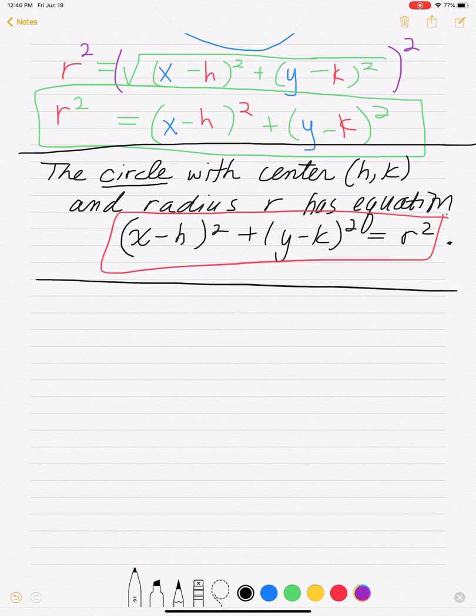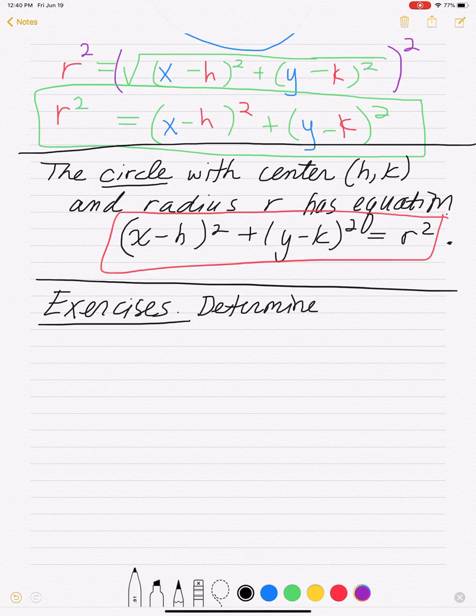All right, so let's see if we can do some exercises involving the equation of a circle. Exercises. Determine the center and radius of the circle.